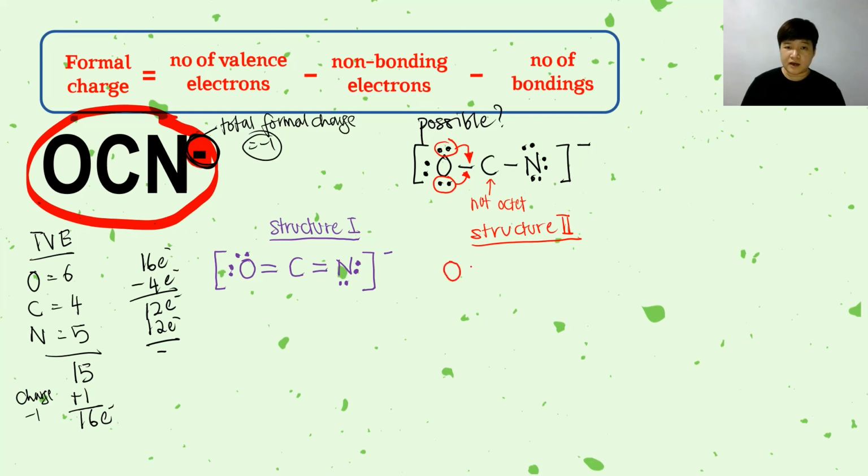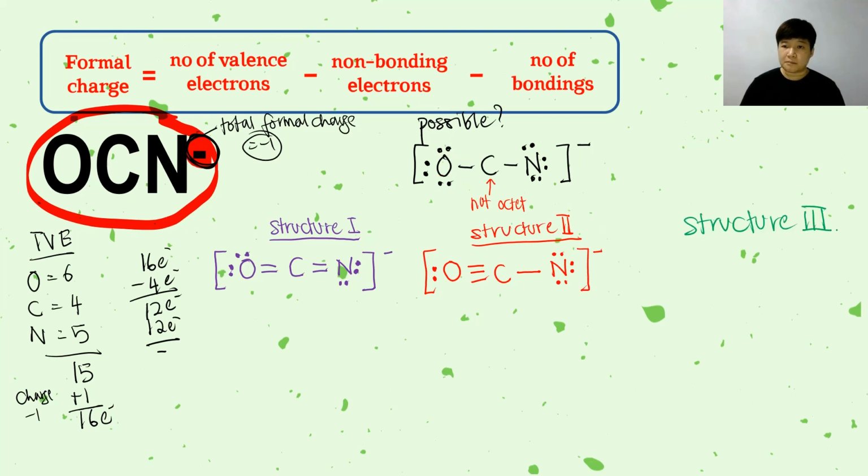The oxygen now forms a triple bond with the carbon, and oxygen will only have 1 lone pair left because 2 of the lone pairs are already forming a bond. And your nitrogen does nothing, therefore your nitrogen remains with 3 lone pairs. And don't forget the charge, bracket, charge. That is my second structure.